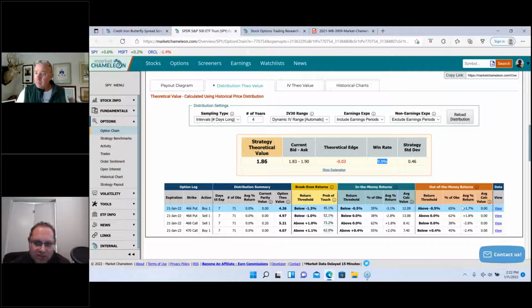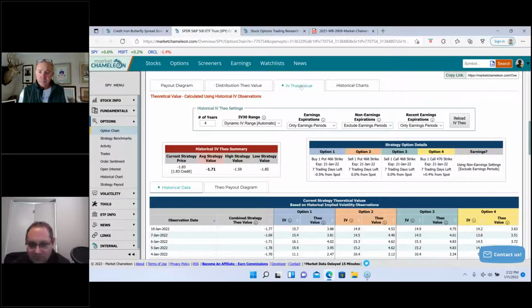And that's when we have to look at the historical implied volatilities on similar strikes, similar days to expiration, similar IV rank, all that we have to take into consideration. And then when we run that analysis, we want to see where does this usually trade at, right? Is this high, low? And that's the IV Theo here.